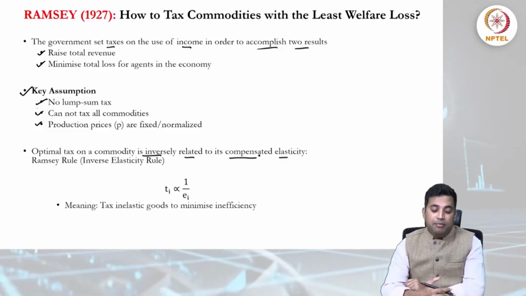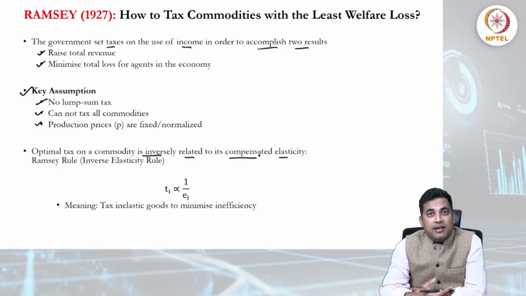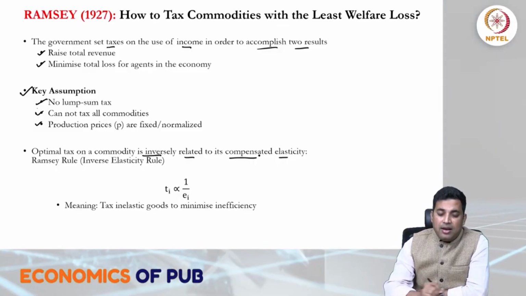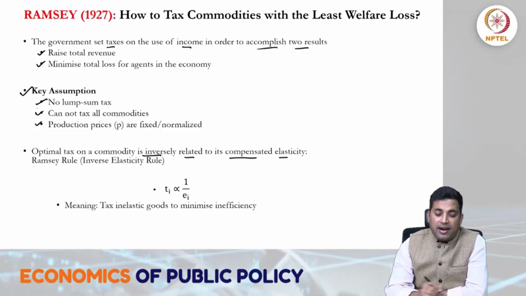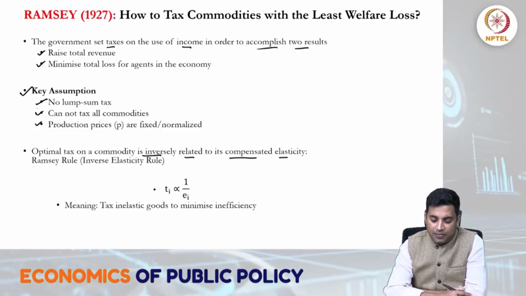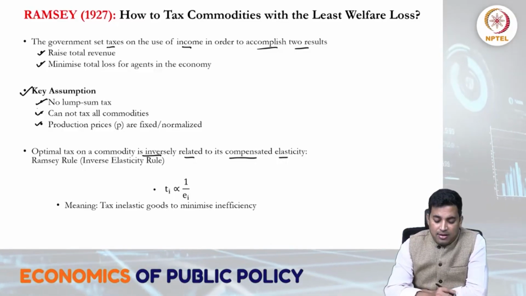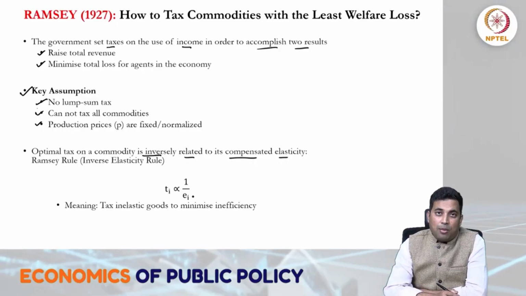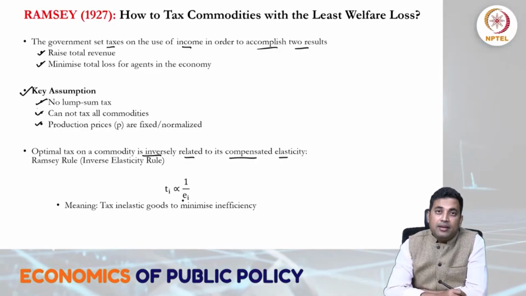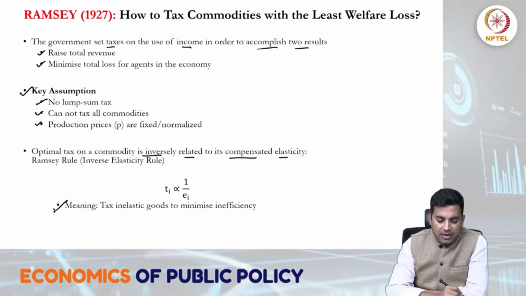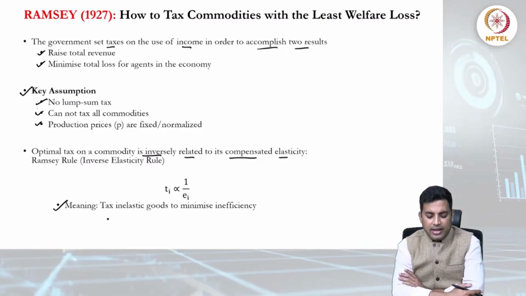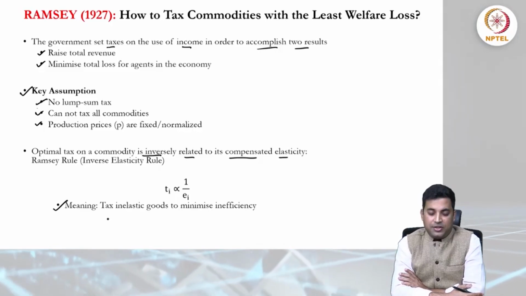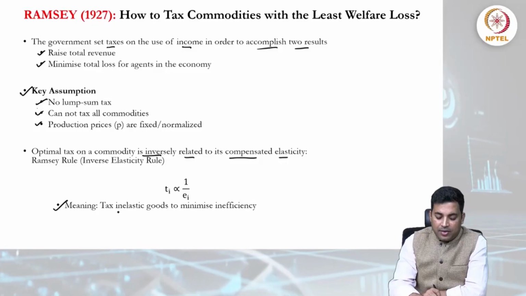In brief, if T is tax and i denotes individuals, then Ti is inversely related to the elasticity of the commodity paid by the individuals. What does that mean? That means we tax inelastic goods to minimize economic inefficiency. This is very important.